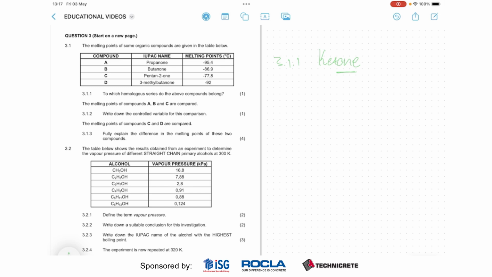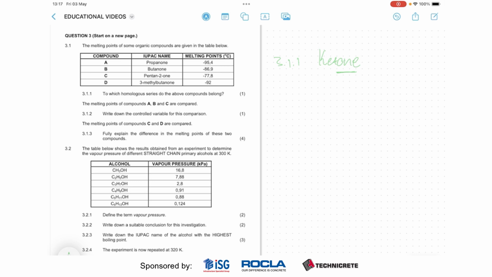The melting points of the compounds A, B, and C are compared. Write down the controlled variable for this comparison. Of course they all have different melting points, as you can see here. So what is being controlled?